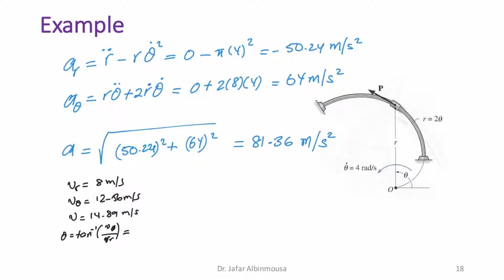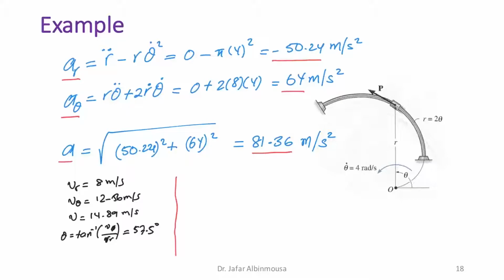then what are we going to get? We are going to get 57.5 degrees. Now, on the other hand, for the acceleration, we got AR equals minus 50.24, A theta, which is 64, A is 81.36.